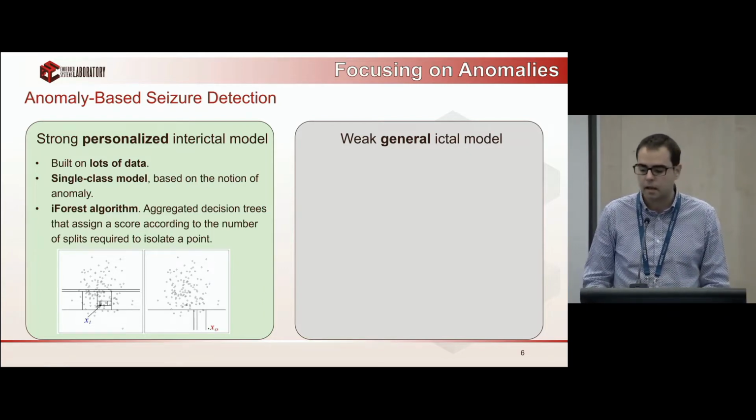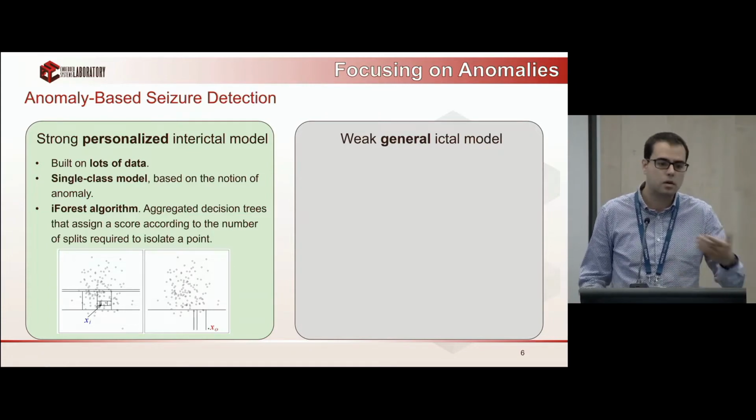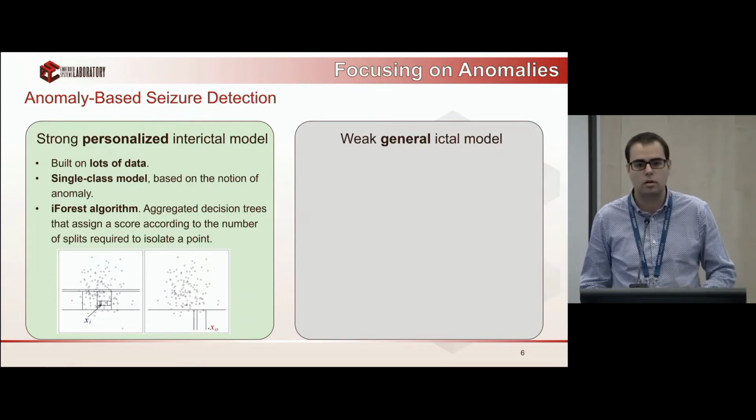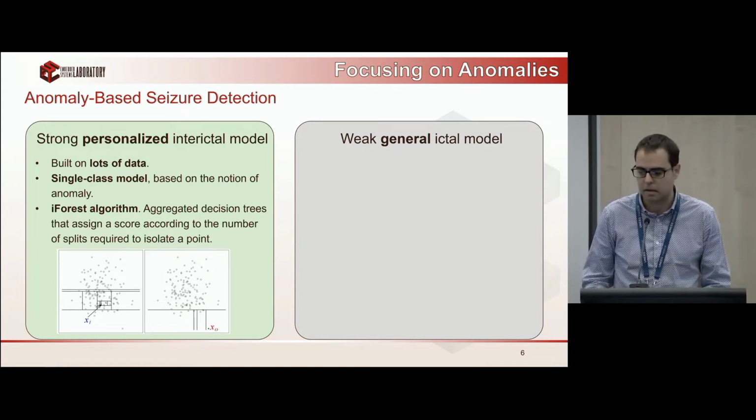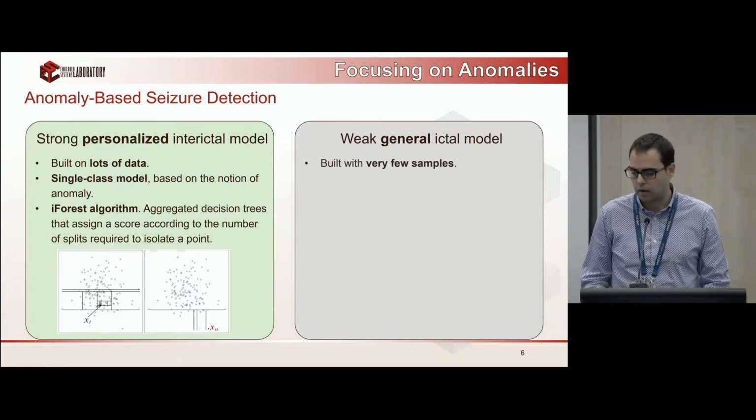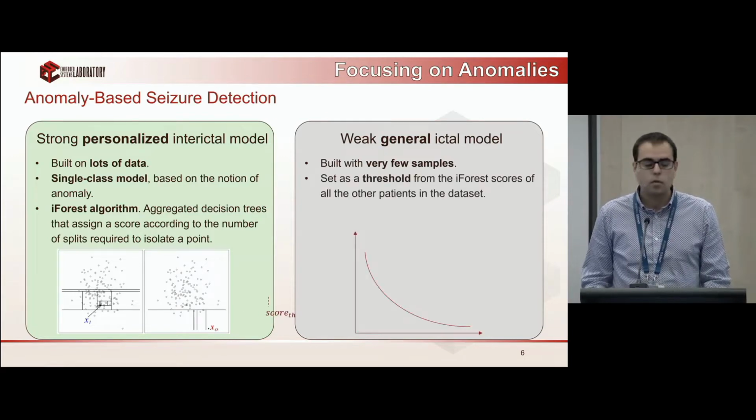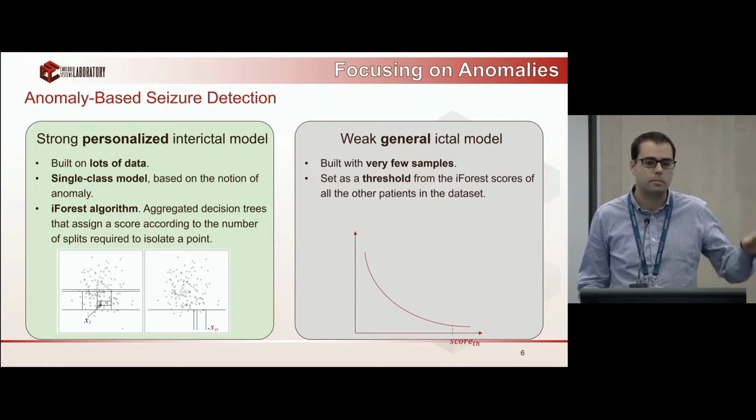So basically, from this model, we have a score that says how interictal or not interictal every point is. And this score will be used to build our general ictal model, which has to be built with very few samples. What we do is set a threshold from the scores obtained from the models of all the other patients.